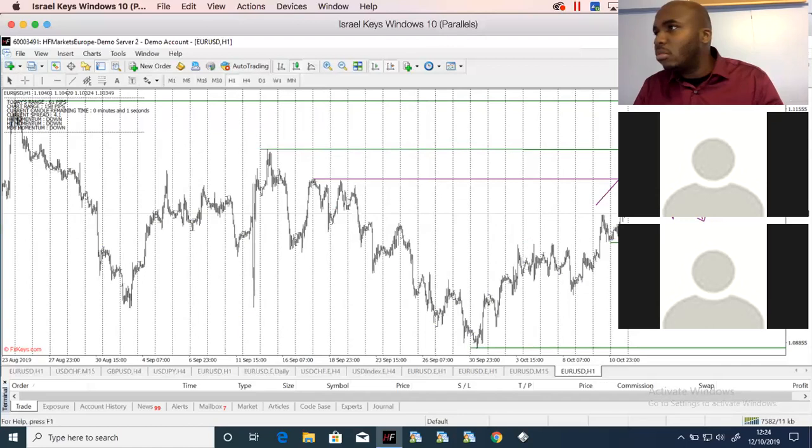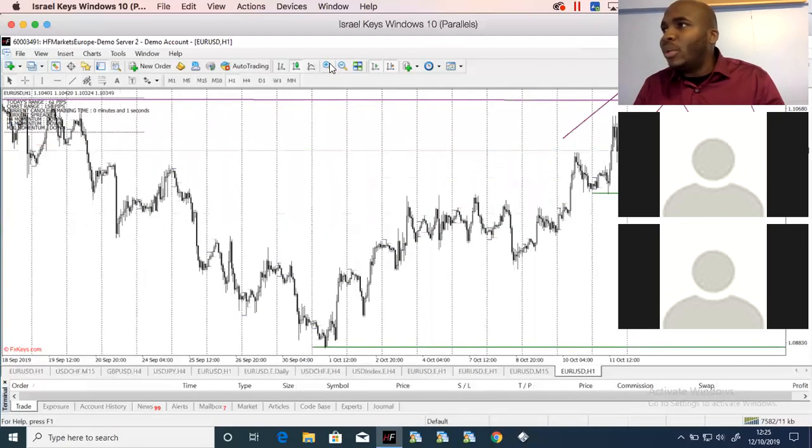Or I want to see it do the exact opposite. I want to see it come down from here into one of these levels and go up. Either works for me.